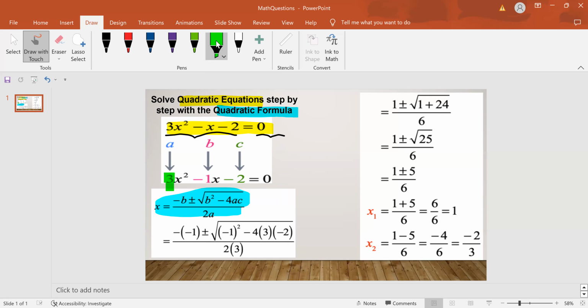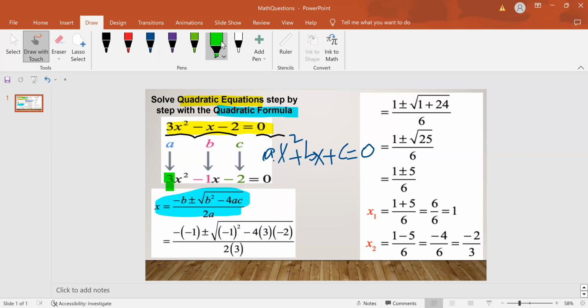I need to write it down again because it's very important. So a is 3, the number in front of the x squared.